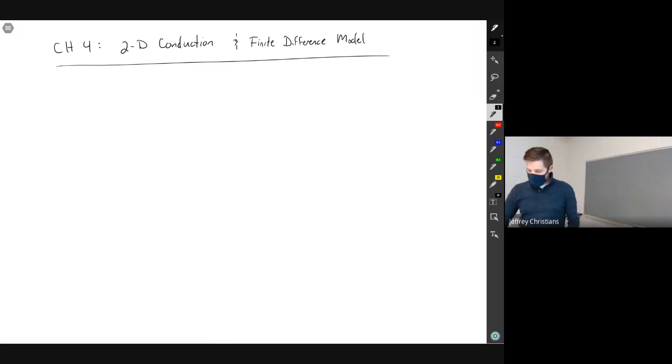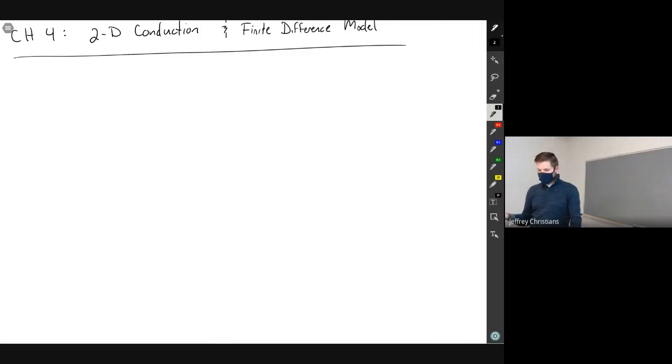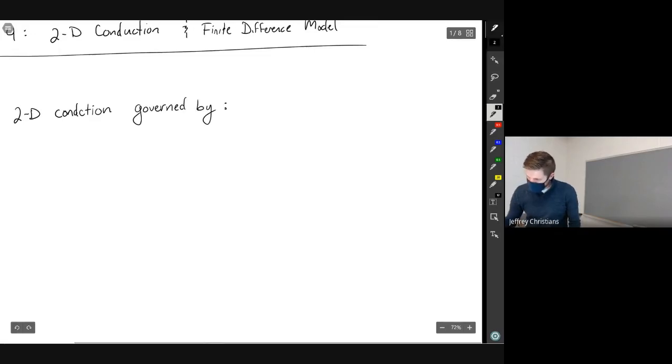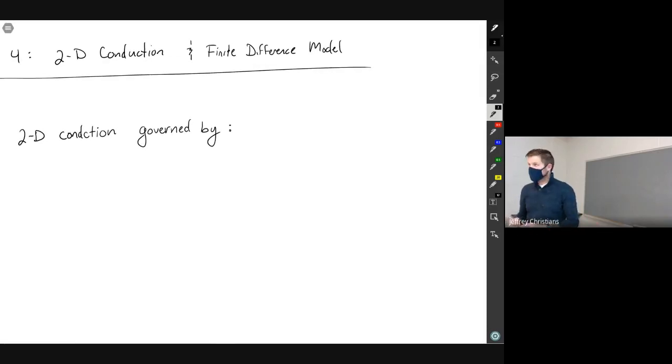So the bottom one that's actually 2D is governed by the heat diffusion equation, but not in one dimension now, it would be in two dimensions.